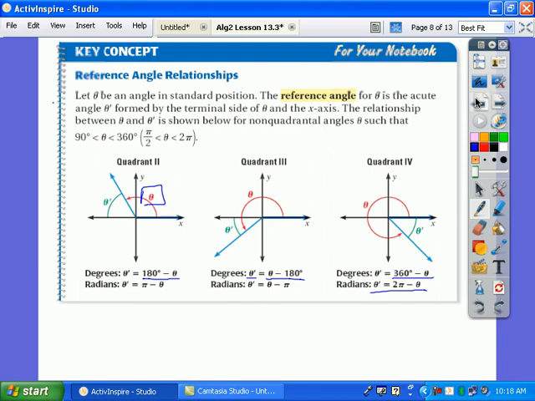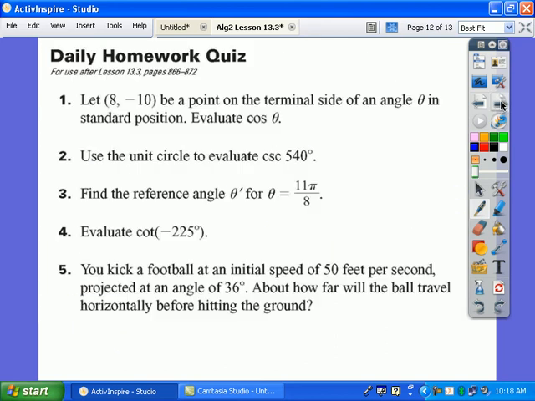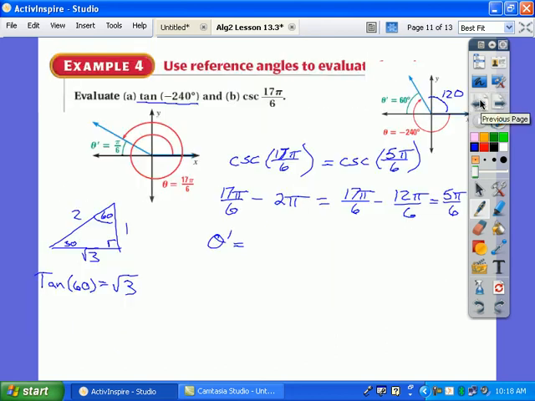So pi minus theta, and I'm going to use my nicer number, 5 pi over 6. We're just trying to get to the reference angle. To get a common denominator, I need 6 pi over 6 minus 5 pi over 6. And so the reference angle will be pi over 6.